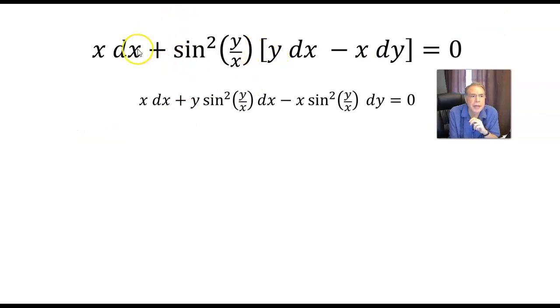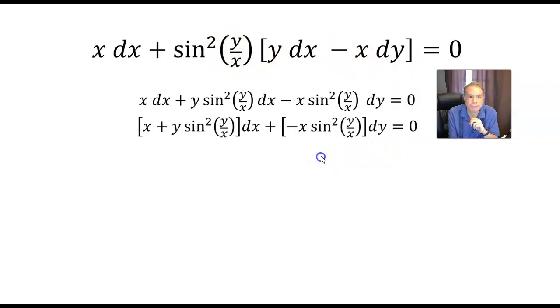So with this multiplied out, we have an x dx, we have a y times sine squared of y over x times dx, minus we have an x times sine squared of y over x times dy equal to 0. So the coefficient for dx altogether is x plus y sine squared of y over x, and the coefficient on dy is minus x times sine squared of y over x.